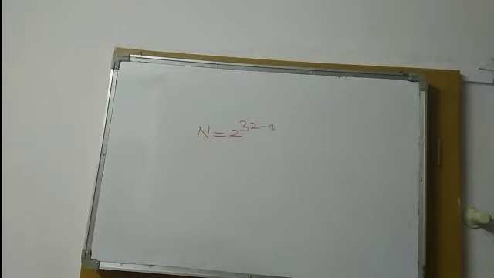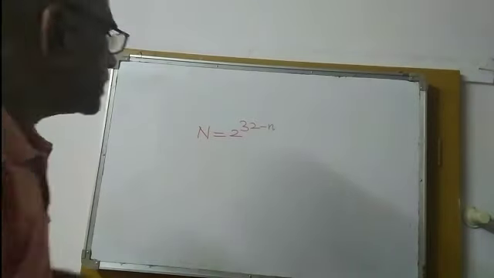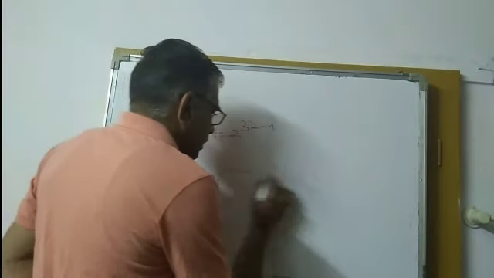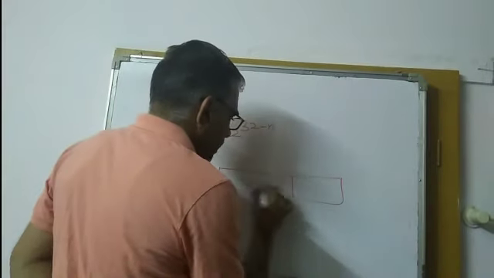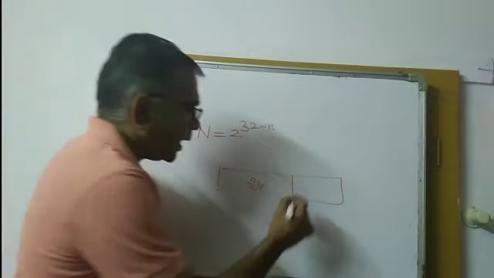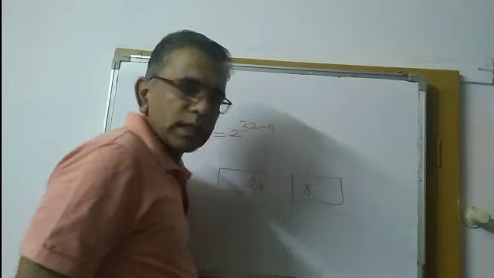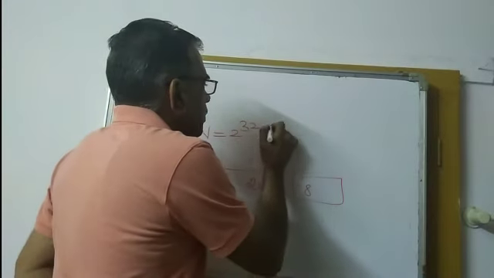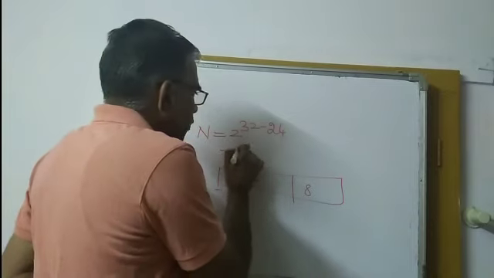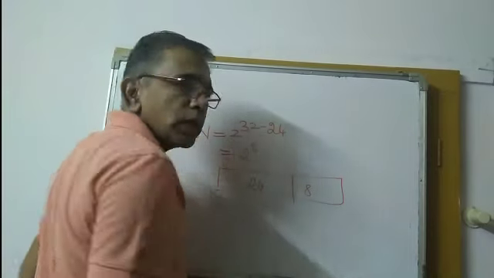For example, for my IP address, the prefix is 24 bits, and the number of remaining bits is 8. So 32 minus 24 gives you 2 raised to 8.